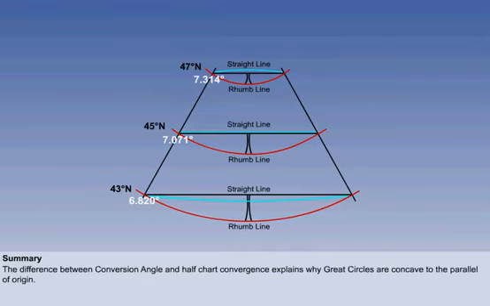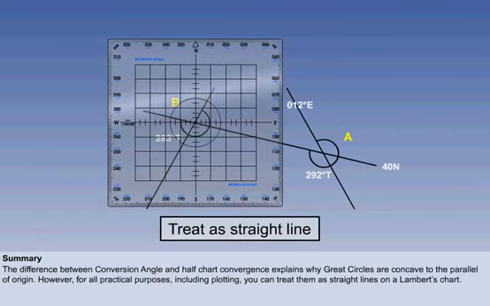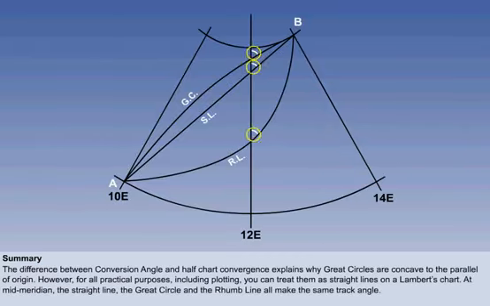We then showed that this difference between conversion angle and half-chart convergence explains why great circles are concave to the parallel of origin. But we emphasized that whilst you need to know that theoretically great circles are concave to the parallel of origin, in fact, for all practical purposes, including plotting, you can treat them as straight lines on a Lambert's chart. And finally, we said that at mid-meridian, the straight line, the great circle and the rhumb line all make the same track angle.